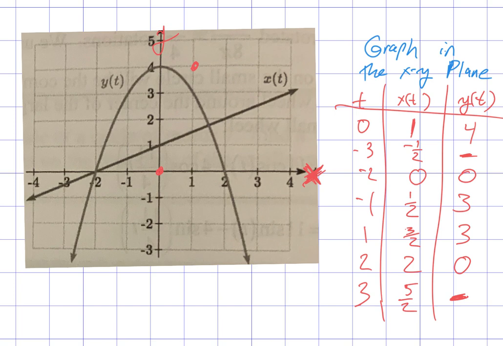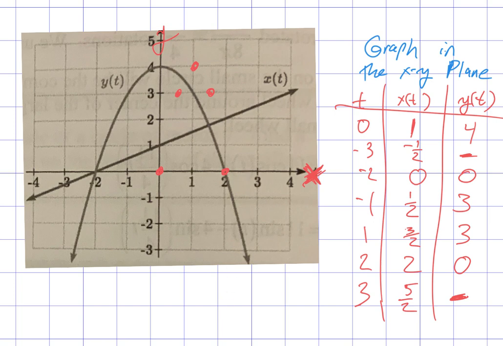At 1/2, I'm at 3. At 3/2, I'm at 3. At 2, I'm at 0. At 5/2, I'm very negative. So at -1/2, I'm way low. At 5/2, I'm really low.